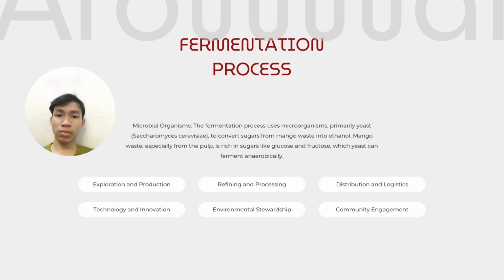So there are 6 processes. The first one is exploration and production. The second one is refining and processing. The third one is distribution and logistics. The fourth one is technology and innovation. The fifth one is environmental stewardship. And the last one is community engagement.